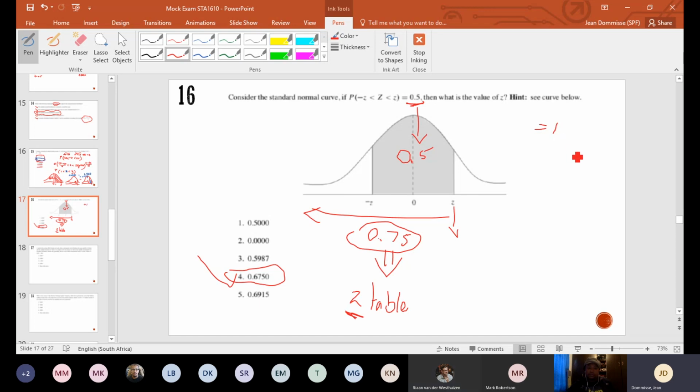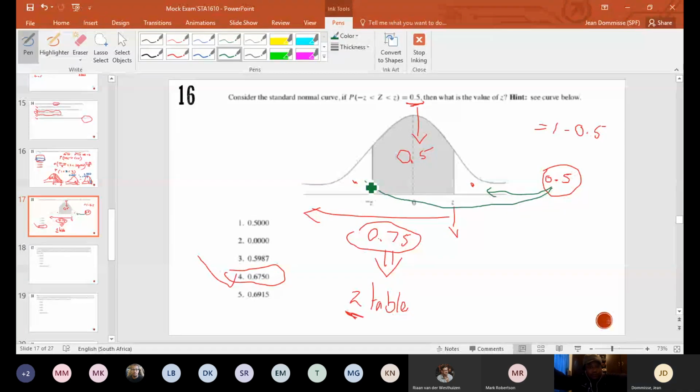So that tells me this area and that area must be equal to 0.5, because if the whole area is equal to 1 and I subtract 0.5, the areas that are left must also be 0.5. So that 0.5 is this area and that area.